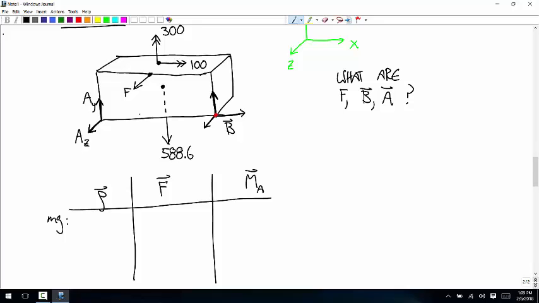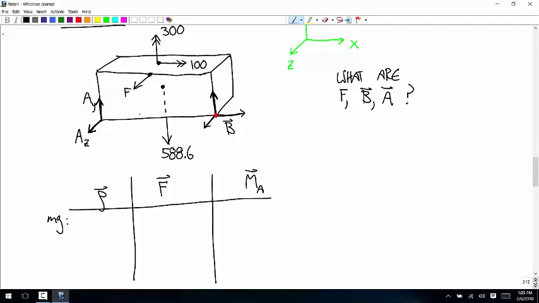What's a vector that goes from B to the center of mass of this whole thing where the weight's applied? Well, we can think of taking a path from here along the negative x axis, then along the negative z axis, and then along the positive y axis.